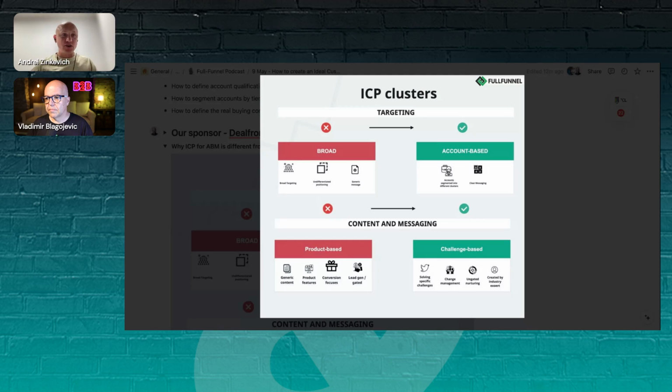It means that when you develop an Ideal Customer Profile for ABM programs, right, you need to think in terms of these clusters. You pick up that challenge, and then, based on the clients that have similar challenges, you start developing the ideal customer profile based on them. Why?